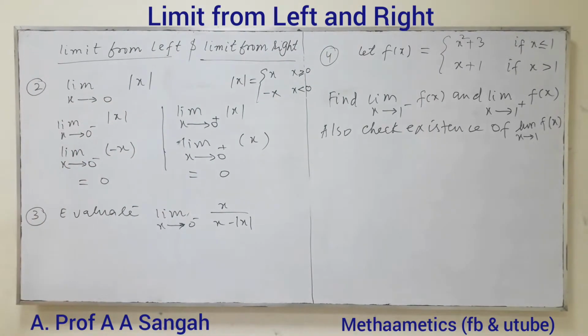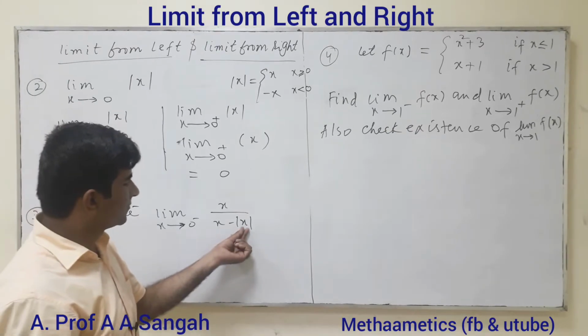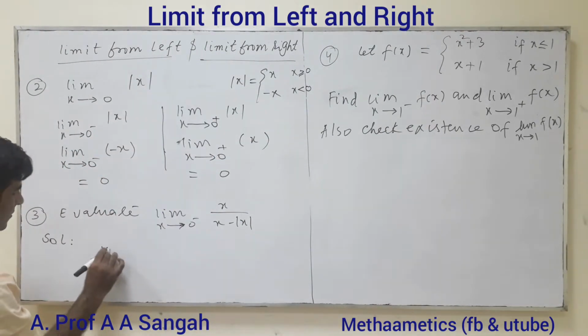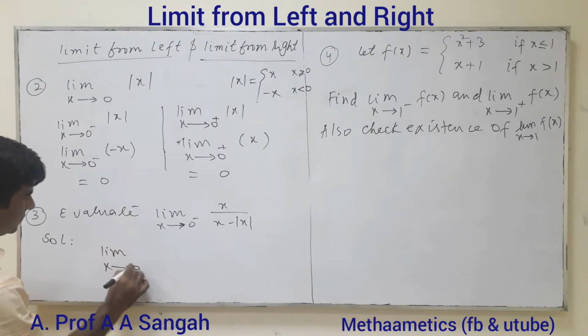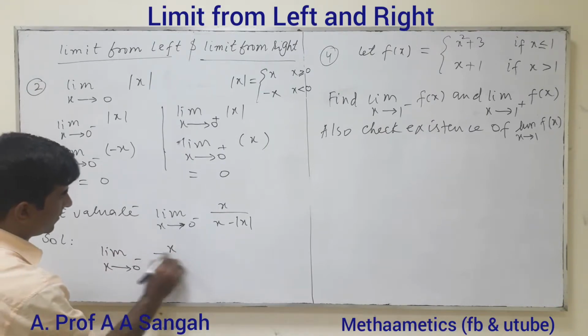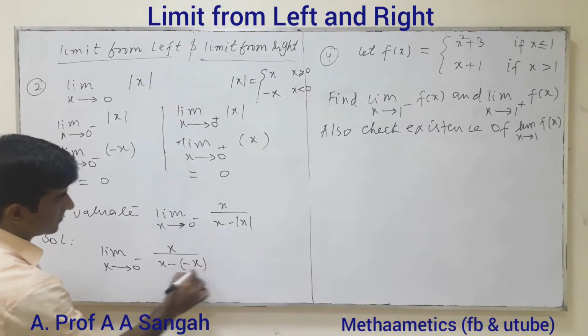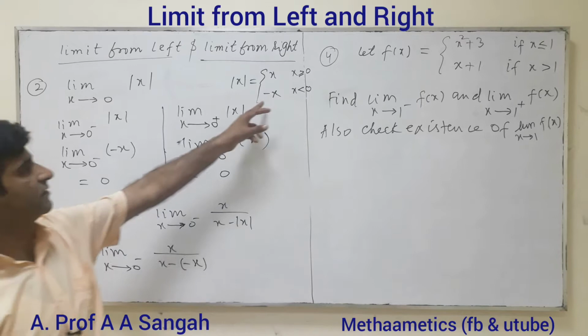Now here we have the limit from the left. Solution: limit from left means it becomes minus x according to this definition. Limit x tends to 0 from the left hand side, we have x upon x minus, this becomes minus x because it is from the left hand side.